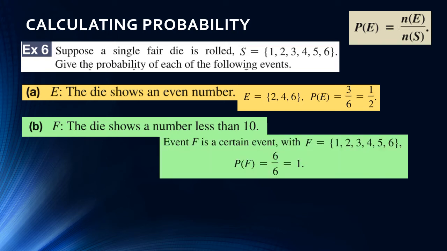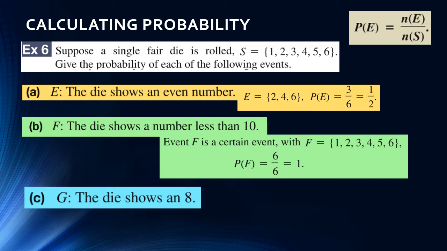The sample space also has 6, so our probability that F will occur is 6 divided by 6, or 1. When you have a probability of 1, this is called a certain event because it will happen every time. You are certain that this event will happen. When you roll a die, you know that every time you're going to get a number less than 10 if you're rolling one die.